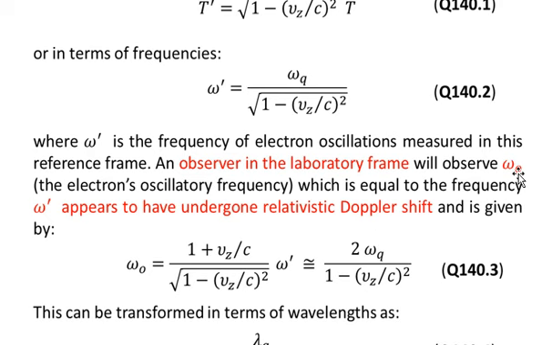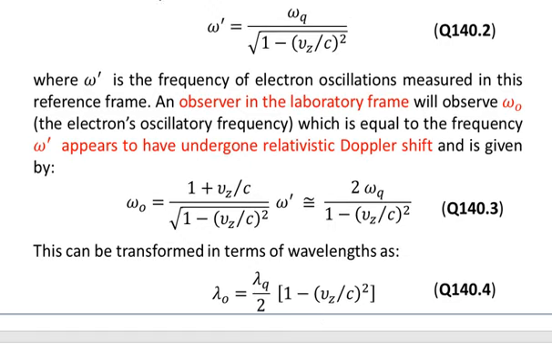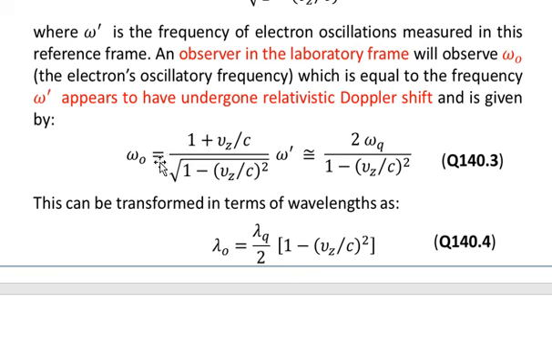So we can relate omega naught with omega prime as shown in equation number 3. Omega naught is equal to (1 plus Vz over c) divided by the square root of 1 minus (Vz over c) whole square, multiplied by omega prime.